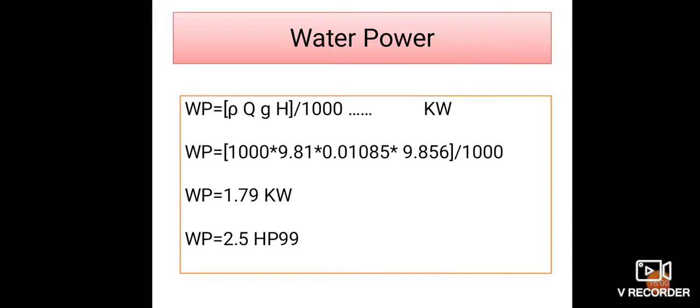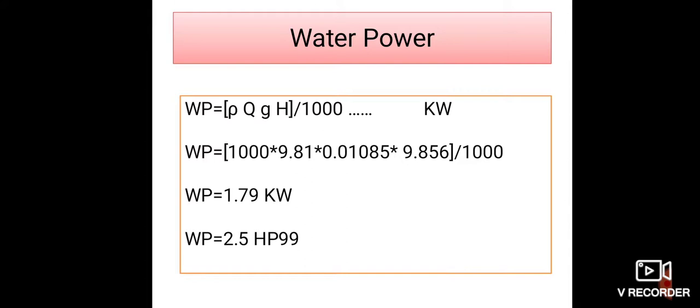Then next we talk about the water power, because water power is a very essential parameter. In a centrifugal pump, which is the reverse case of a Francis turbine, in a turbine water is the input power and the shaft is the output.